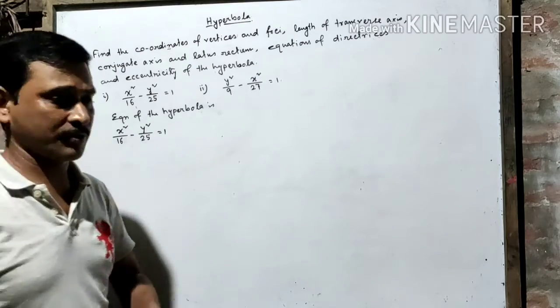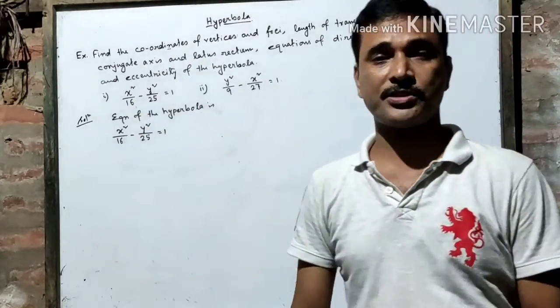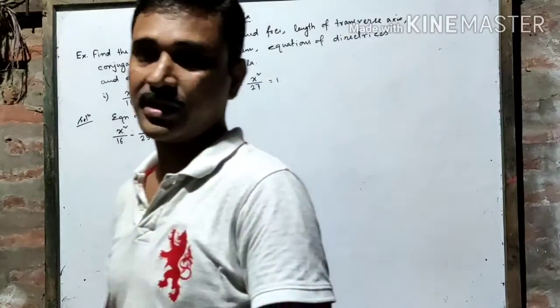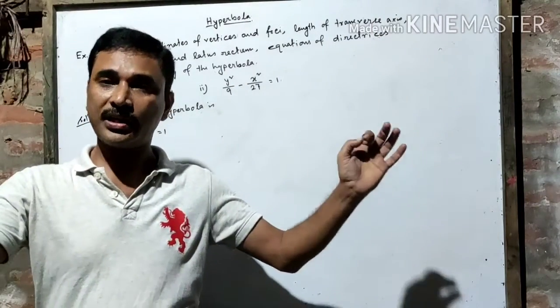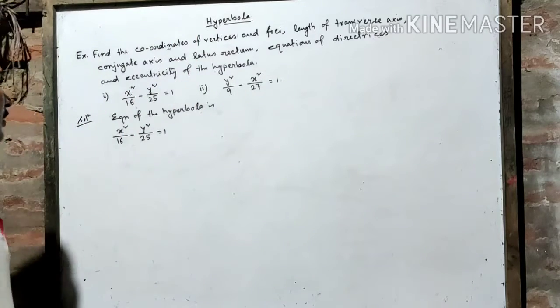So x square and y square, which one has the positive coefficient? X square has the positive coefficient. So x axis is the transverse axis here. So obviously foci will lie on the transverse axis, that means on x axis. Accordingly you have to write the information. Okay.